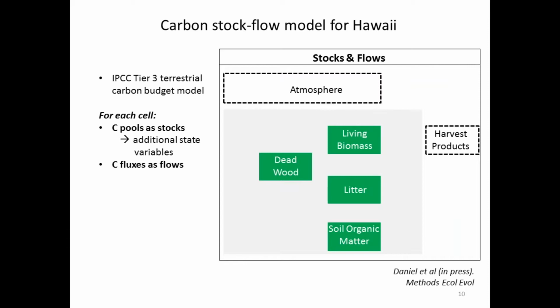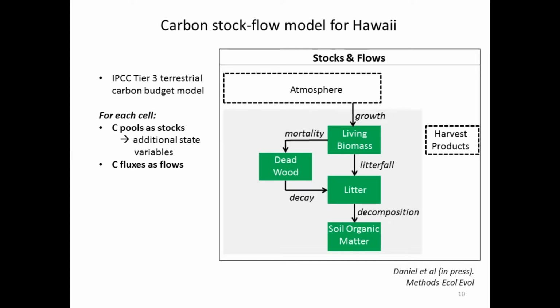And here we had 4 major stocks that we were tracking, stocks of carbon, pools of carbon, and 2 others that were included just to create a mass balance of our carbon in our model, okay? And we had a number of flows. The first was the growth of living biomass, where carbon moves from the atmosphere into living biomass.